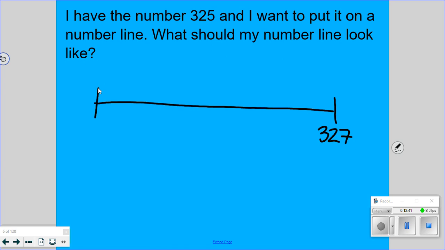Ariana? So what number? Is it going to go right next to it like this? Yes? 325, 327?